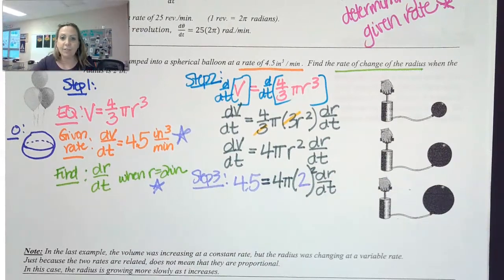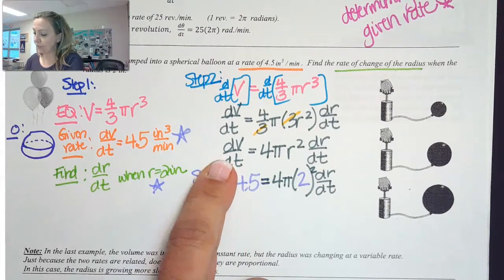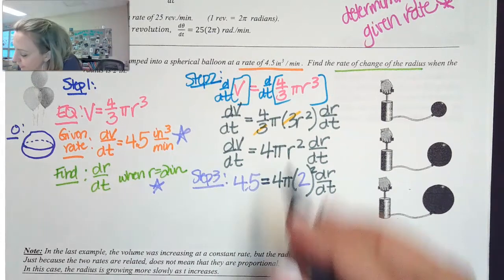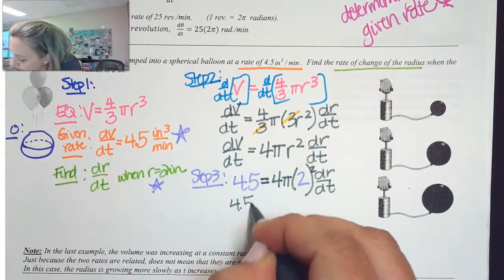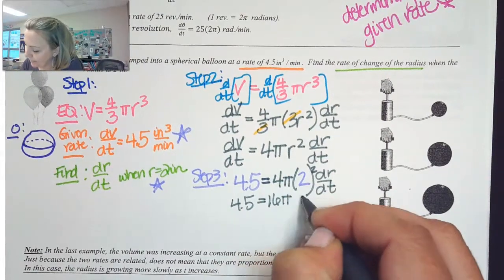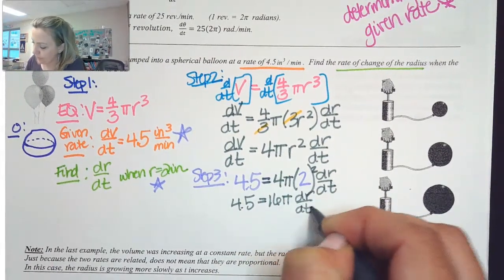So essentially, I'm just putting everything in. 4.5 is going in for dV/dt, 2 is going in for r, and now I can start simplifying from here. So I've got 4.5 equals 2 squared is 4 times 4 is 16 pi dr/dt.